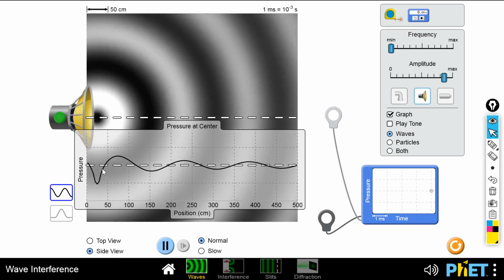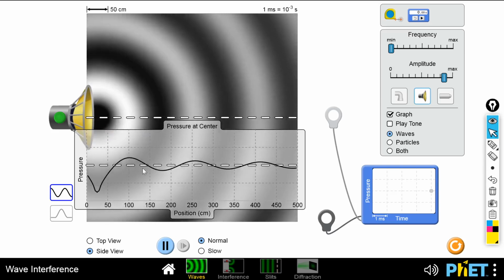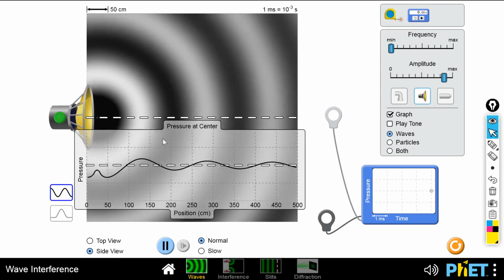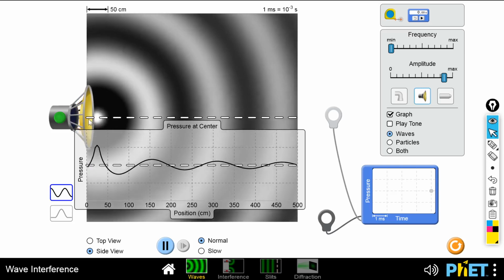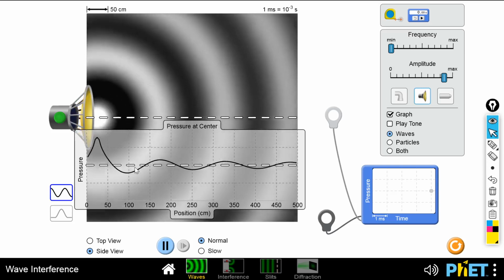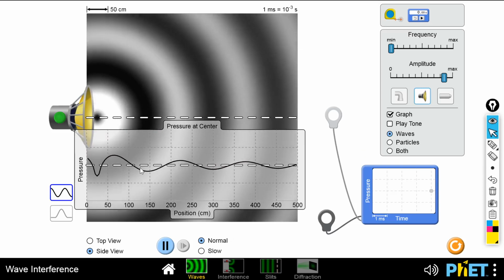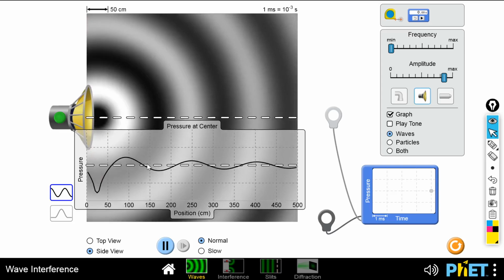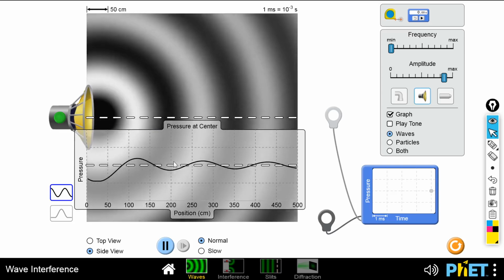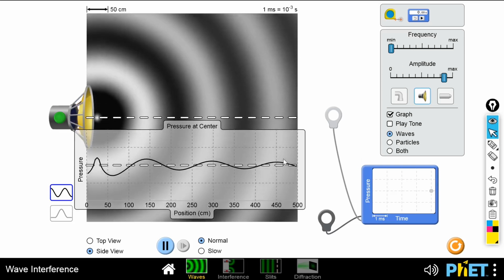In general, there is a distance away from the source of the sound at which the waves stabilize, and then they keep the same shape, relatively speaking, for large distances.